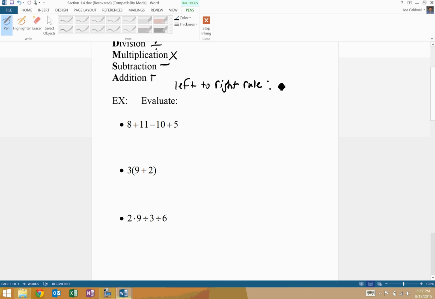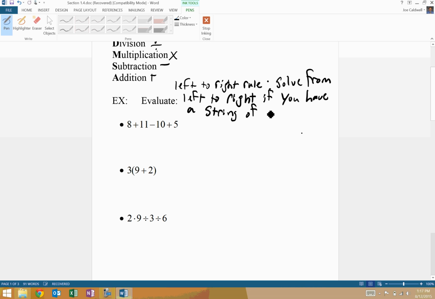You should solve from left to right. Sorry about the messy handwriting. Hopefully that makes sense.